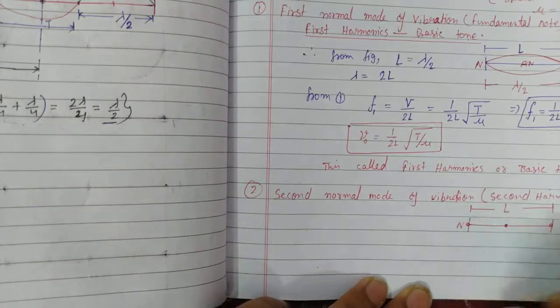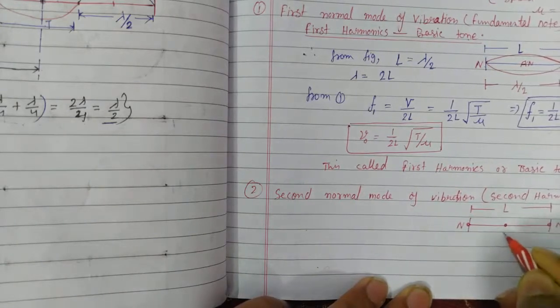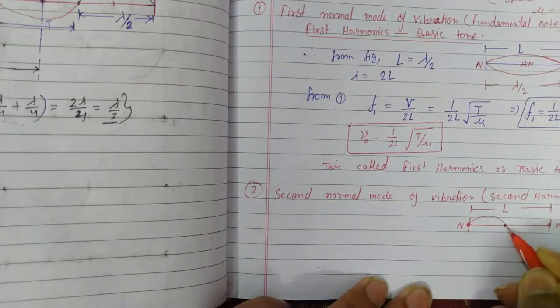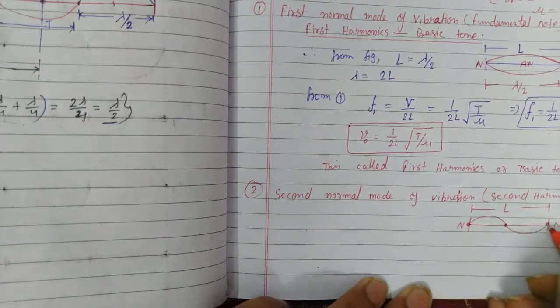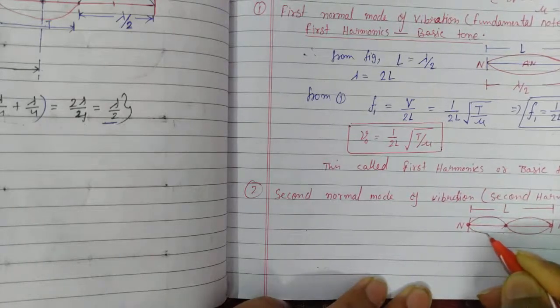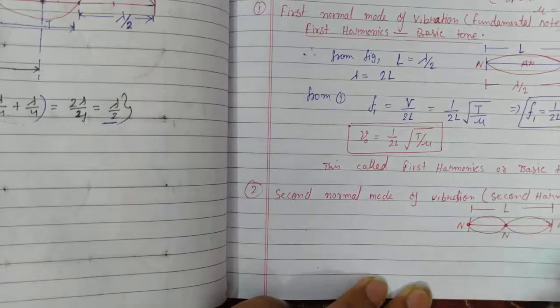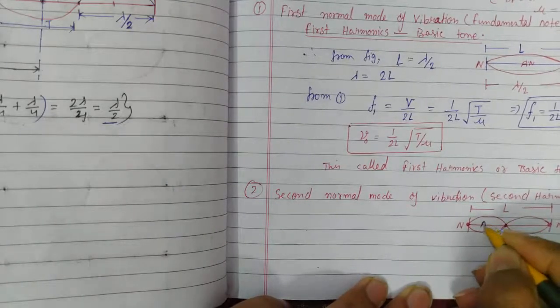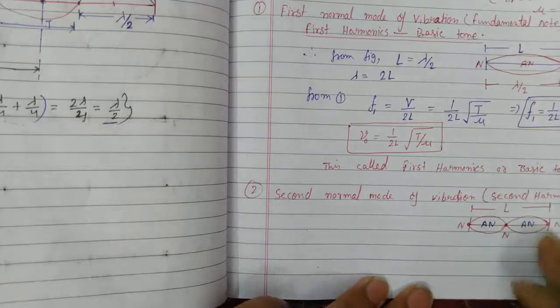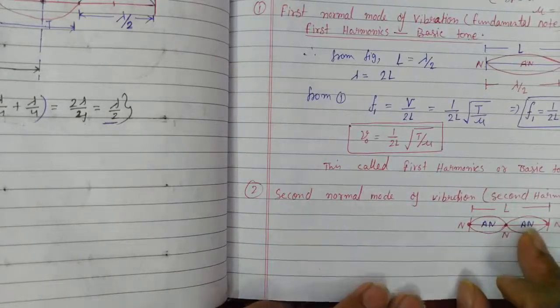This is a node, this is a node, and this is another node, like this, and these are antinodes. So in the second harmonic, there are two antinodes.